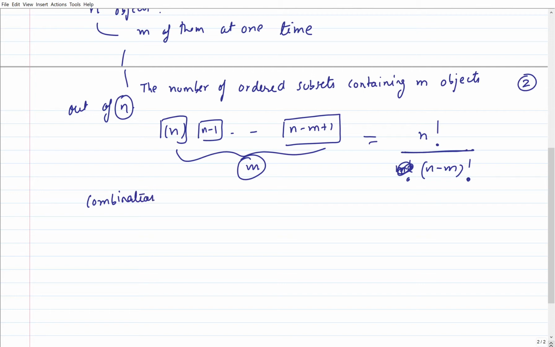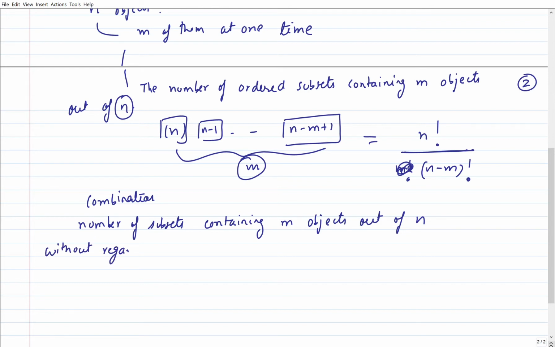So for combinations we ask for the number of subsets containing m objects out of n without regard to the order in which they appear.